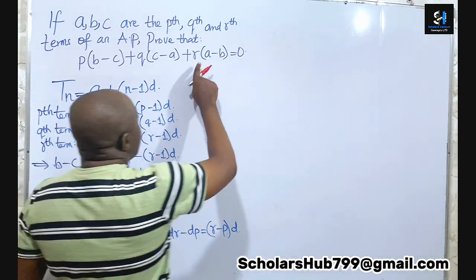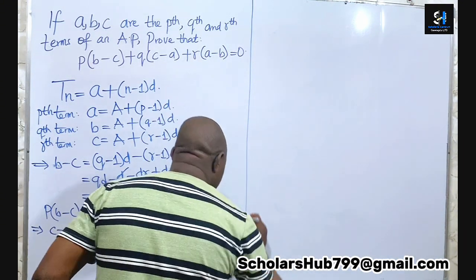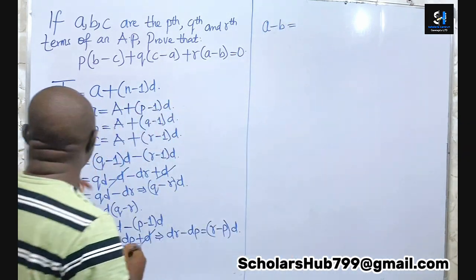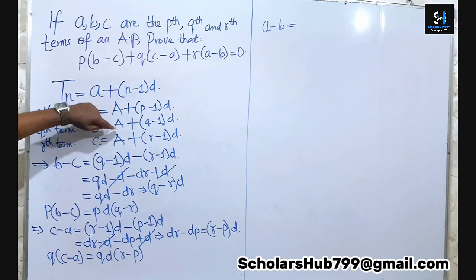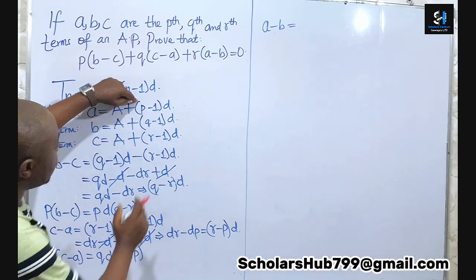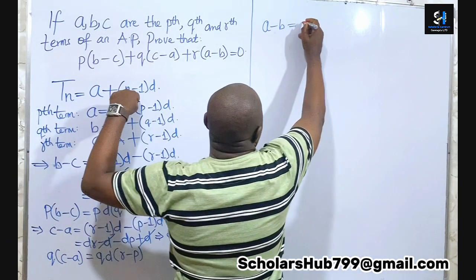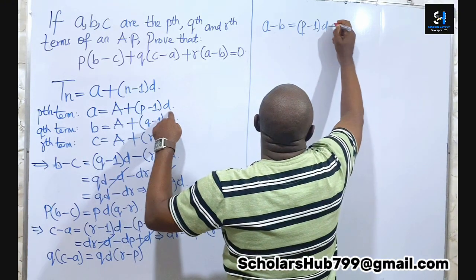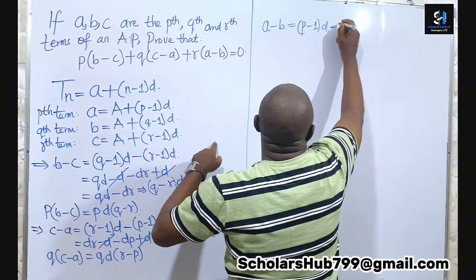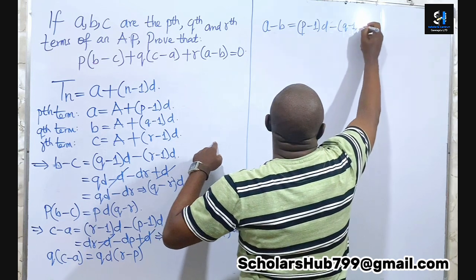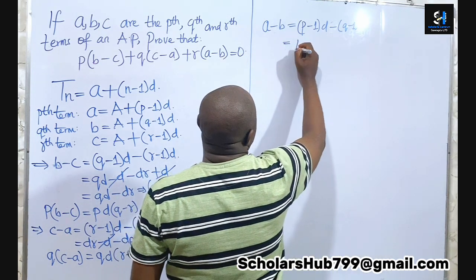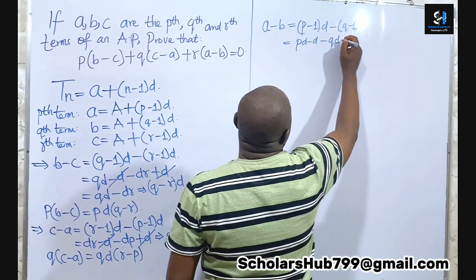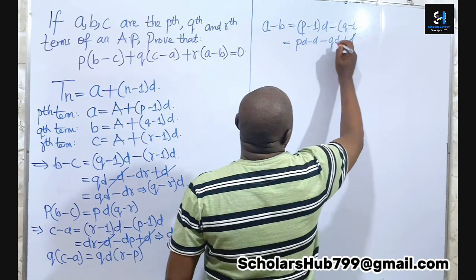Now to obtain the expression for the last one, first we need a minus b. A minus b, that is A minus A, that will be 0. Then subtract this from this. So we're going to have (p minus 1)d minus (q minus 1)d. So this will be pd minus d, minus qd plus d. This will be 0.